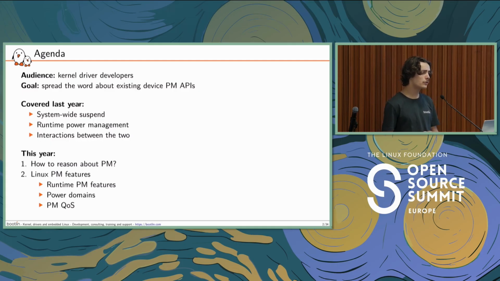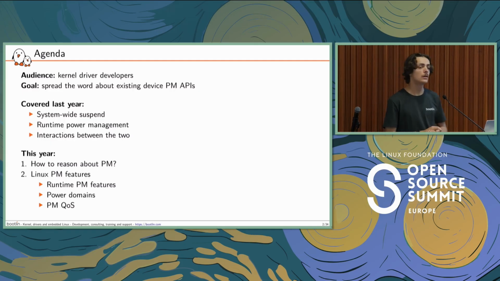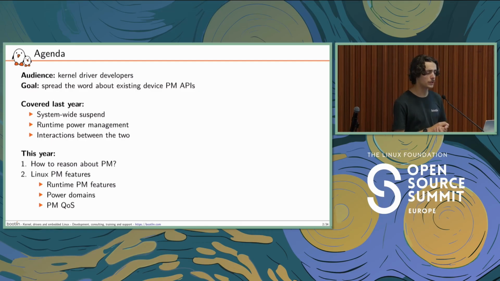The APIs I will cover are not very advanced, but they are not used by every vendor, and maybe they should be. I'm not saying they are all perfect, I just want to cover what currently exists inside the kernel, to make sure that if it makes sense, you at least know about it and can think about whether it models your own hardware well. So that's what we'll be covering this year.